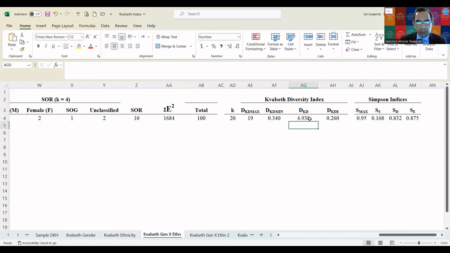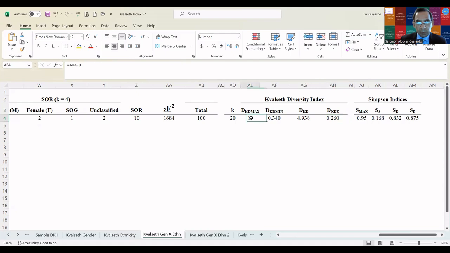When I get the 0.49 divided by the maximum Kvalseth value of 19, that gives me a Kvalseth standardized score of 0.260, indicating that 26% of the maximum value of 19 was obtained.